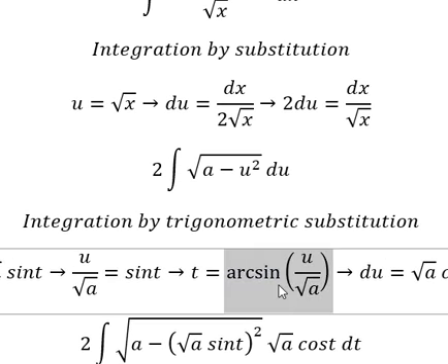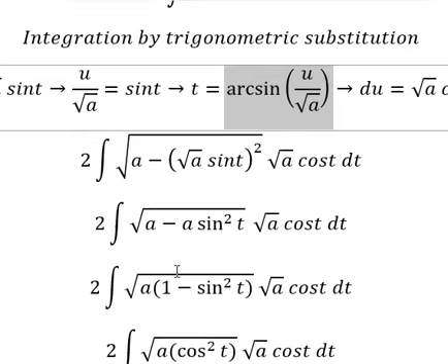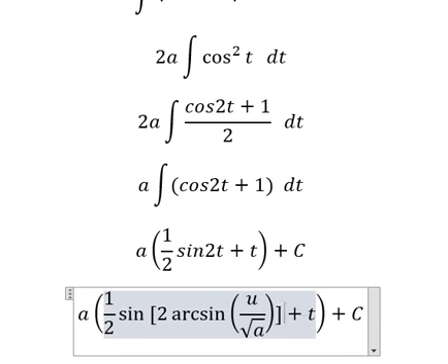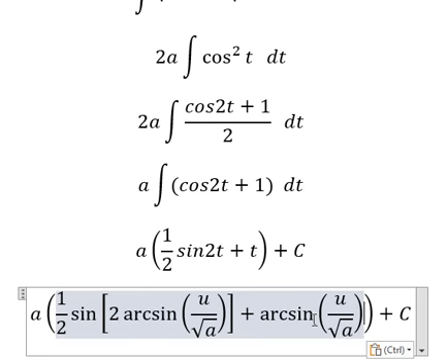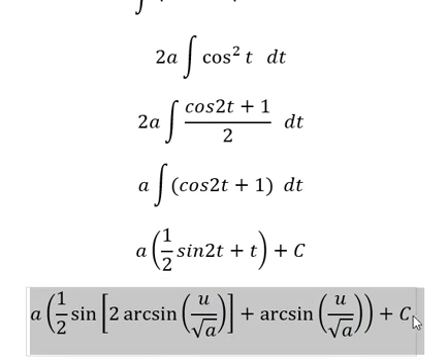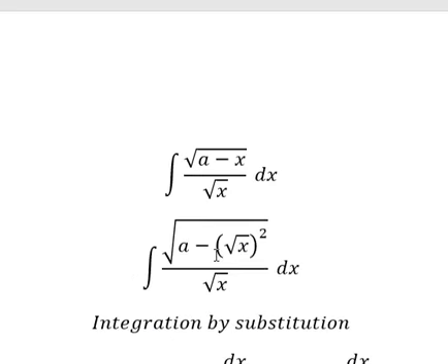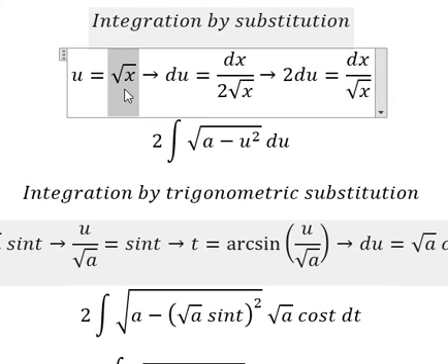So I will put this one to change for t. About u, that is about the square root of x.